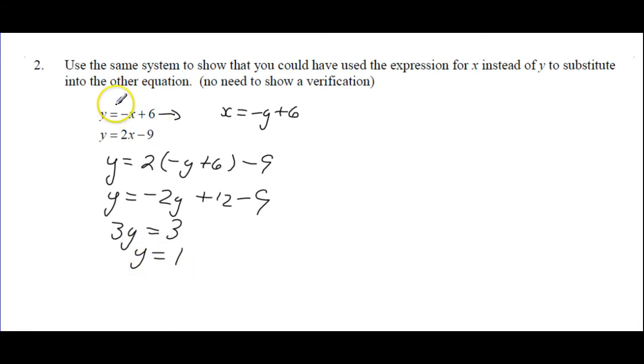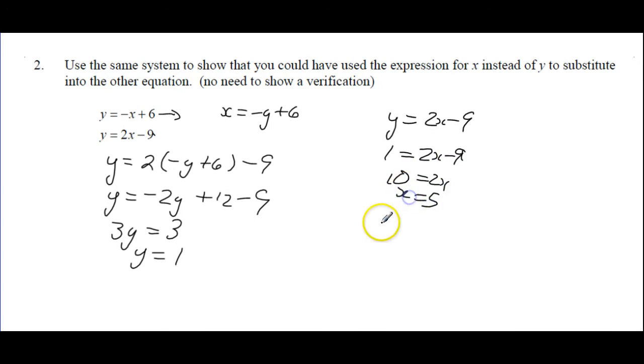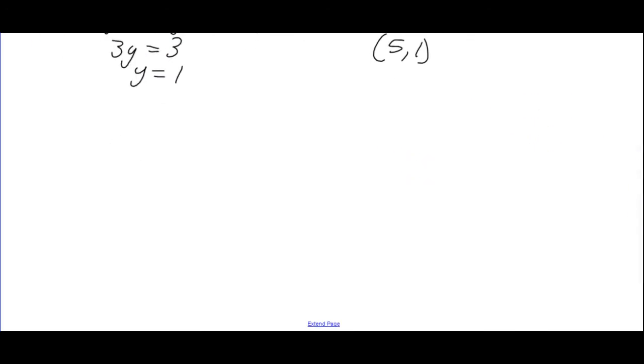We can then substitute into one of the original equations. Let's go back into this one. So y is equal to 2x minus 9. 1 is equal to 2x minus 9. 10 is equal to 2x. x is 5. And the solution is 5, 1. And we've already verified that, so we don't need to show it again.